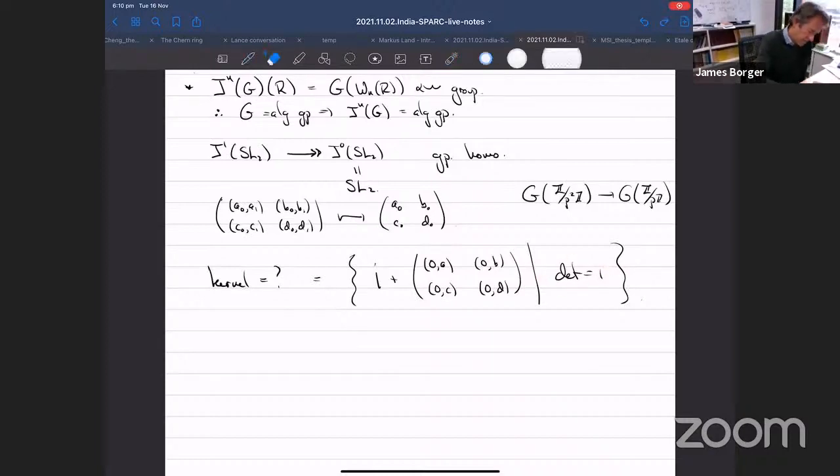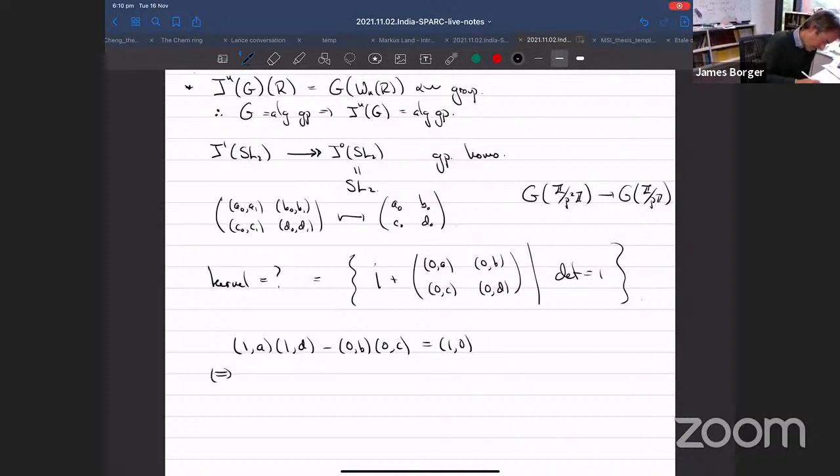So what is the equation? Technically it's an equation between Witt vectors, but the first component is kind of tautological. It's (1,a) times (1,d) minus (0,b) times (0,c) equals (1,0). It's the same equation as before. So this becomes the equation, sorry, getting this wrong.